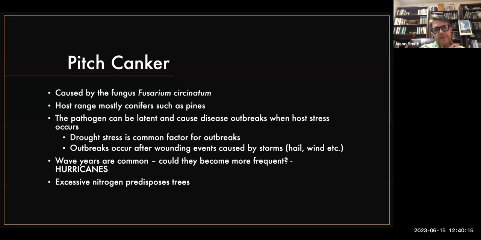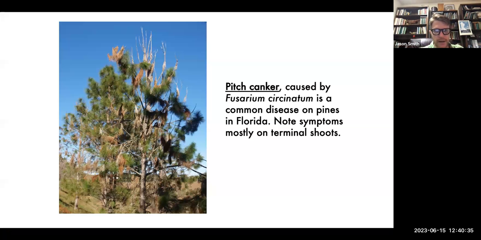Most of our native pine species really don't require any additional nitrogen. They're adapted to low nutrient soils. And so you add additional nitrogen, you're really not doing much to help the tree, but you're adding fertilizer for the pathogen. That's essentially what happens. There's lots of data and evidence to support this.